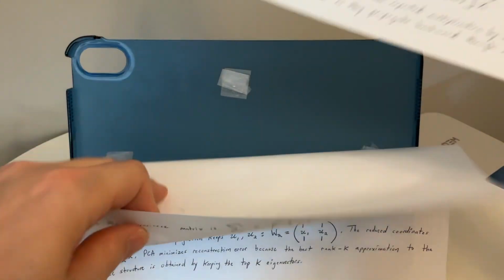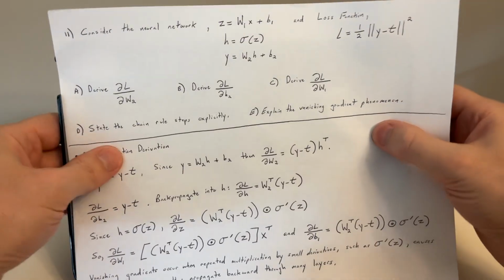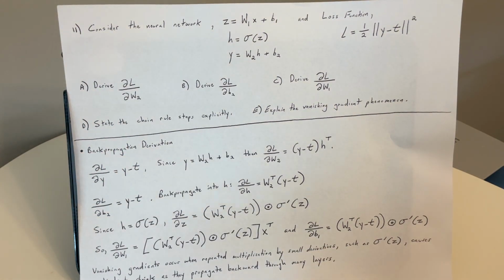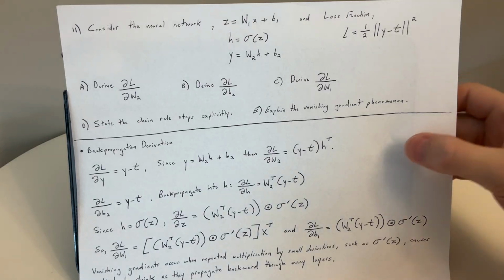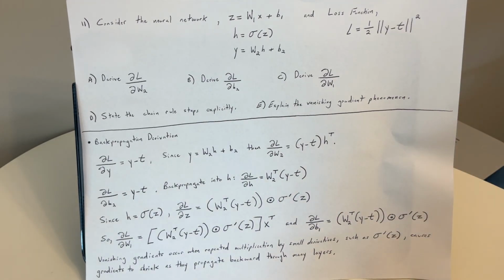Moving along now to number 11. So number 11, consider the neural network Z equals W sub 1 x plus b sub 1, H equals sigma of Z, Y equals W sub 2 H plus b sub 2. Loss function L equals 1/2 norm of Y minus T squared.